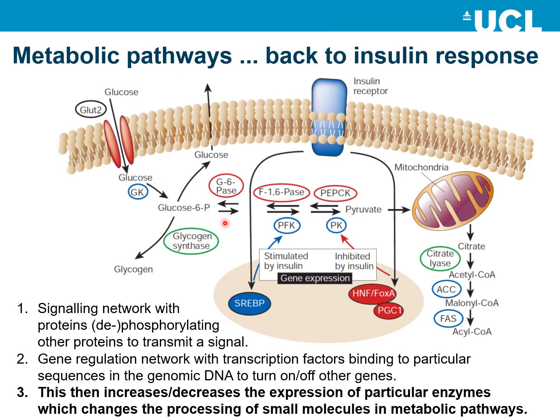And then we have an enzyme pathway consisting of enzymes like this PFK and PK, pyruvate kinase, which takes the glucose 6-phosphate all the way up this pathway to the mitochondria, where they're consumed to produce energy.